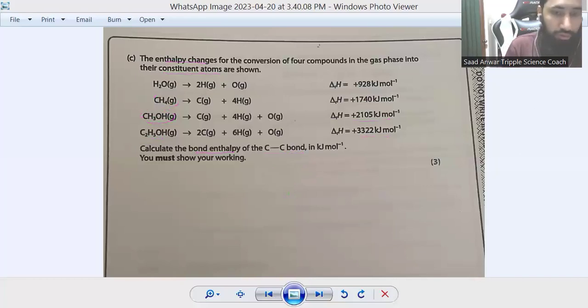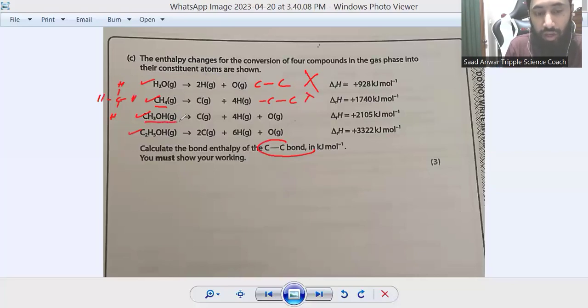So let's see how to do it. First we observe where a carbon-carbon bond is present. In the first, is there a carbon-carbon bond? No. In the second? No. Yes, a carbon-hydrogen bond is present, but a carbon-carbon bond is not present.